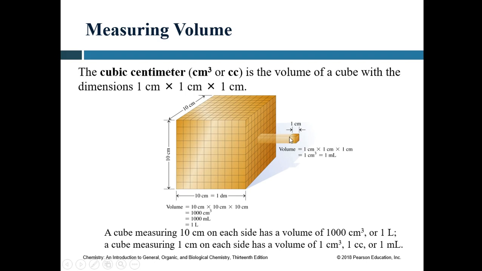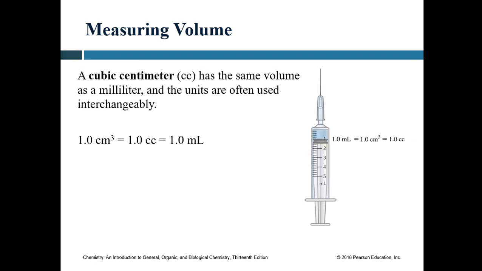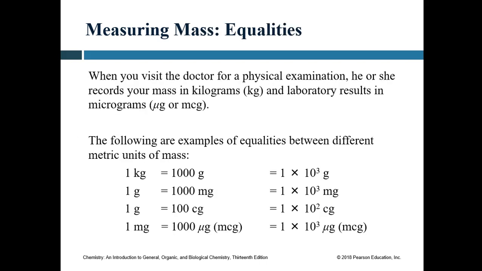If we were to have one of these sides open and pour in some liquid, it would hold exactly 1 milliliter of volume. So a cube measuring 1 centimeter on each side has a volume of 1 cubic centimeter, or a milliliter, or sometimes in the olden days in the medical field, they'd call a cubic centimeter a cc. A cubic centimeter has the same volume as a milliliter, and the units are often used interchangeably. Notice I keep mentioning that.